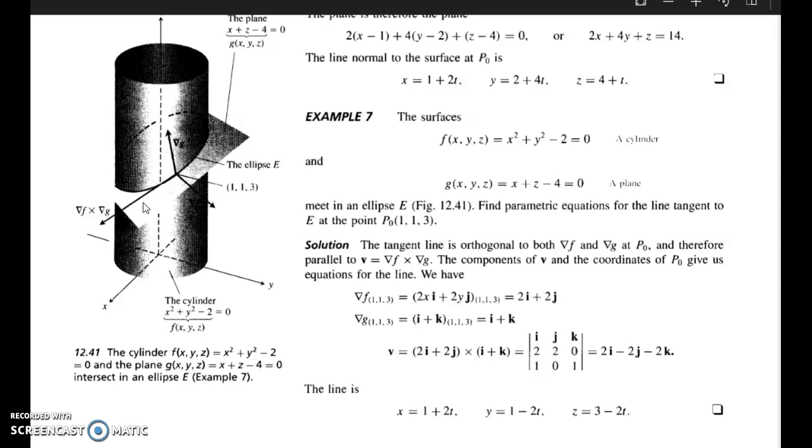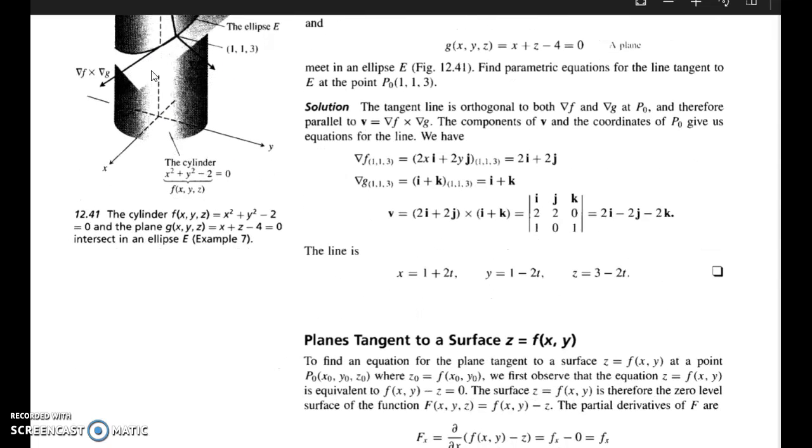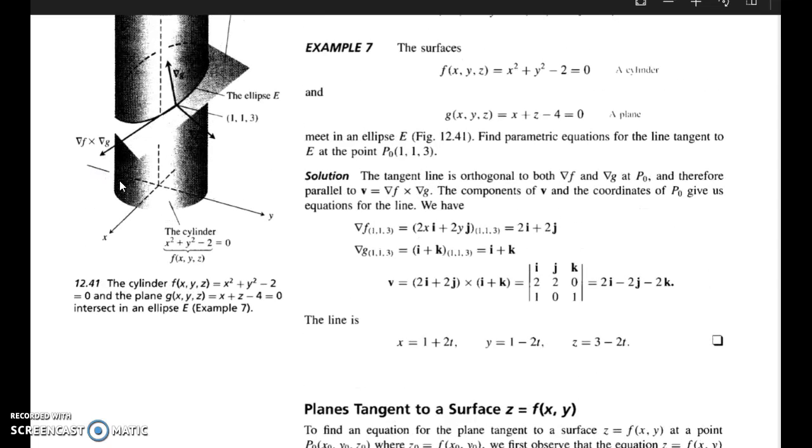So their cross product is normal to this curve. We can find del f cross del g.